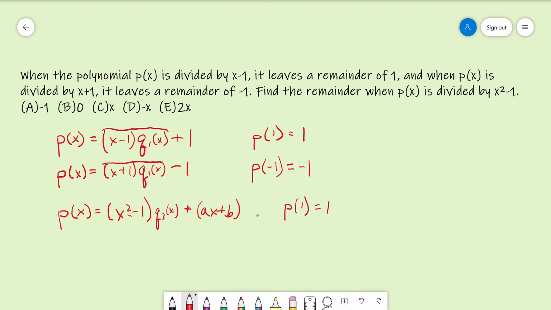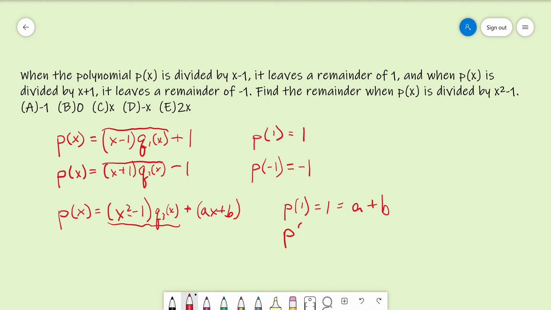which we know is 1 from the first equation, is equal to, now we'll plug it into the third equation, we'll get 0, because 1 squared minus 1 is 0, so this whole part will drop out, and that will equal a times 1 plus b.